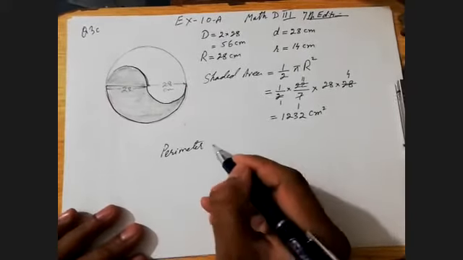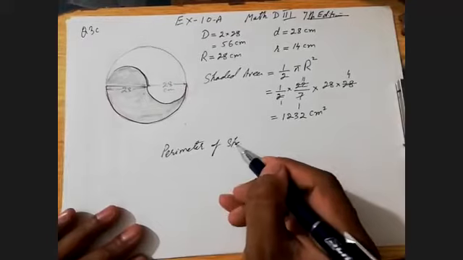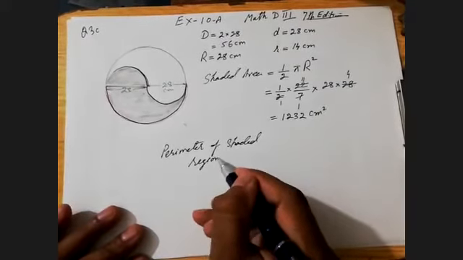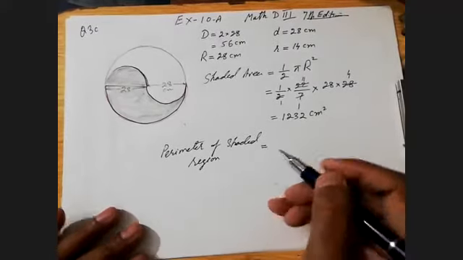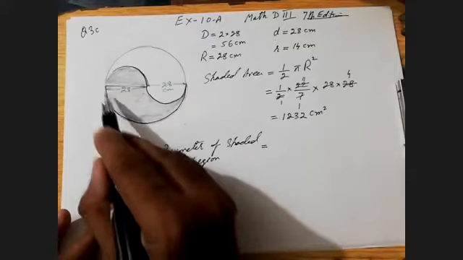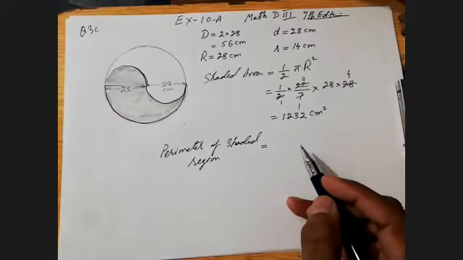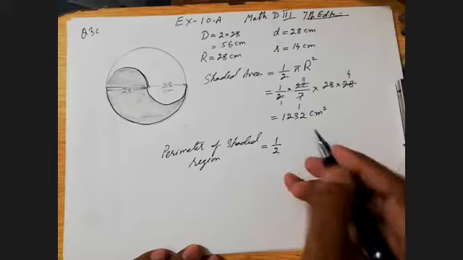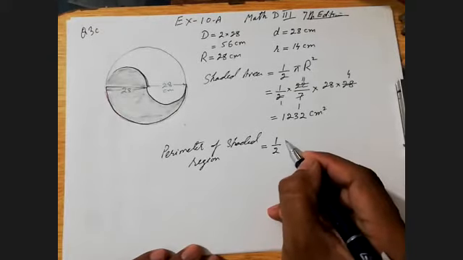Perimeter of shaded region is equal to, first of all, this which I have represented with the red line, that is half 2 pi r.